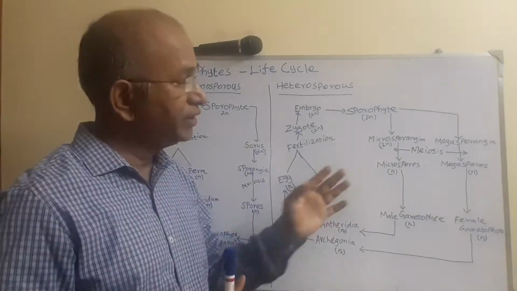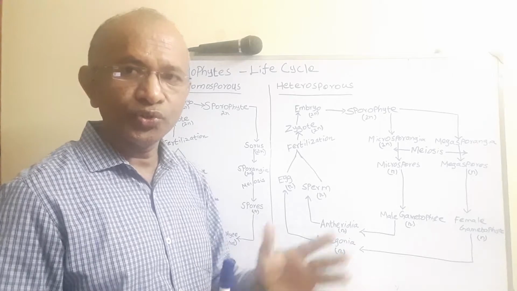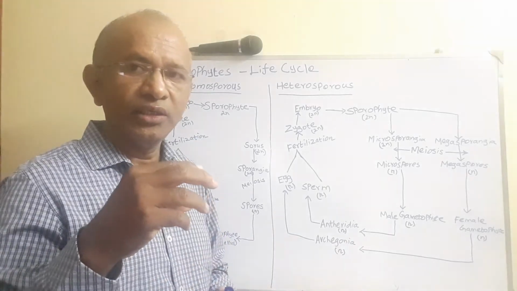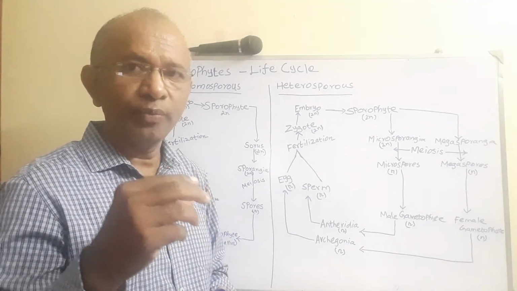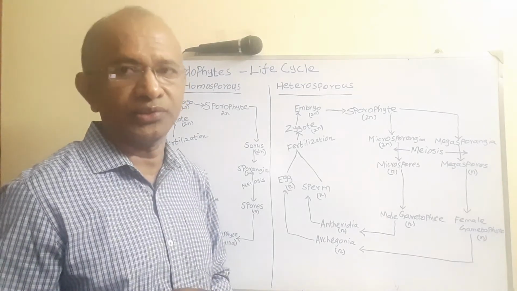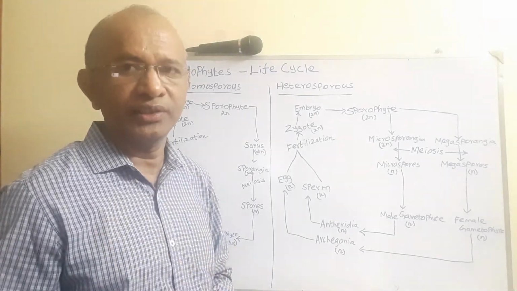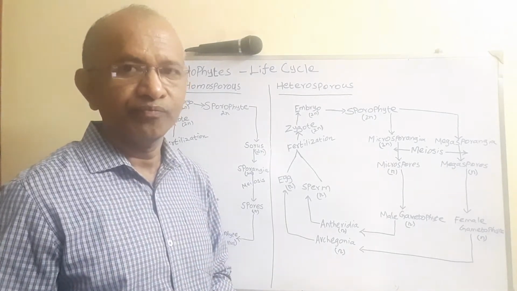But in most of these cases, in the heterosporous plants, the spores are formed inside a structure that is called a strobilus. They are usually in the form of a cone, that we will discuss in the next class.